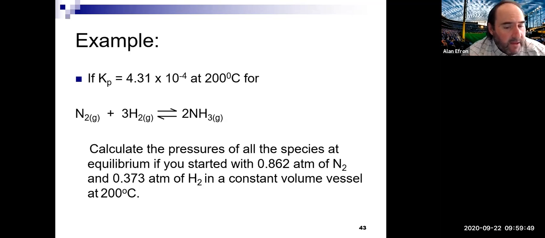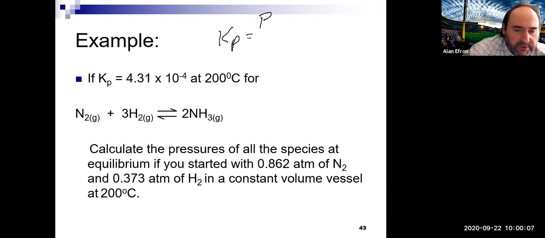It works the same way, and that's why, here, we're not given a Kc value, but we're given a Kp value. Basically, you approach it the exact same way. Instead of a Kc expression, we will be dealing with a Kp expression. So the Kp in this case would be the partial pressure of NH3, which we need to square because of the coefficient, divided by the partial pressure of N2 times the partial pressure of H2 cubed.